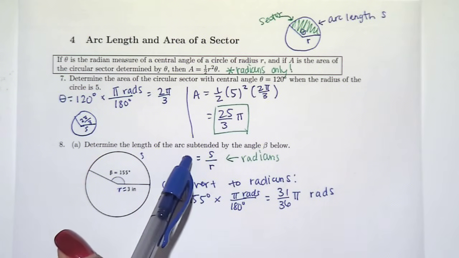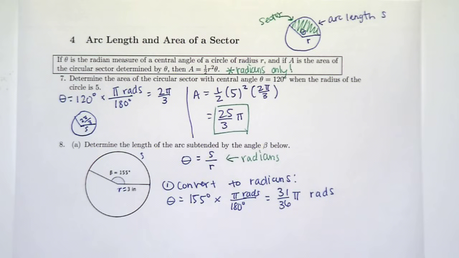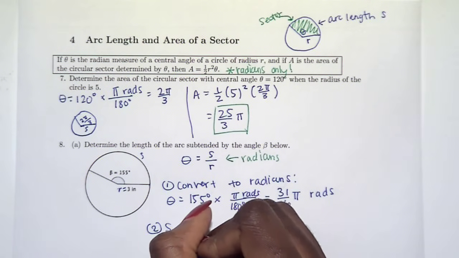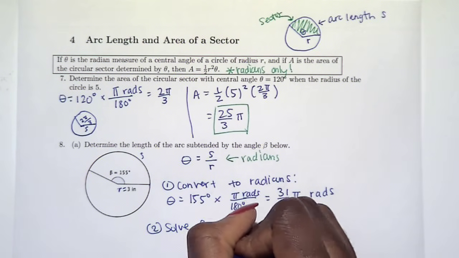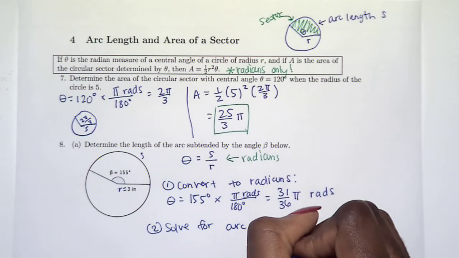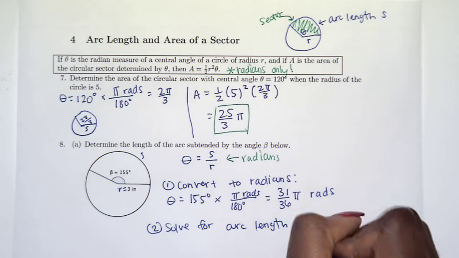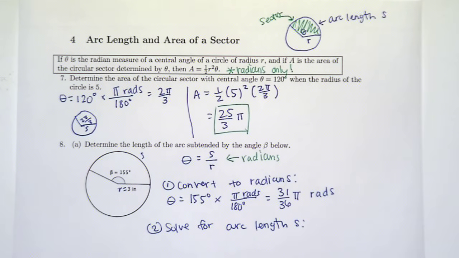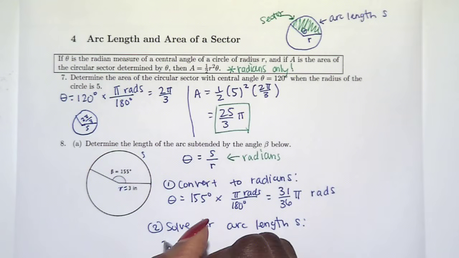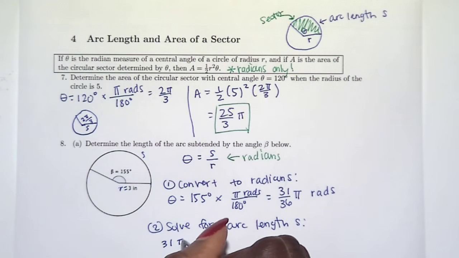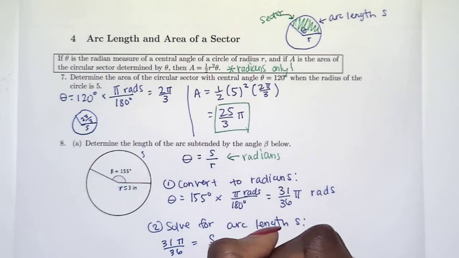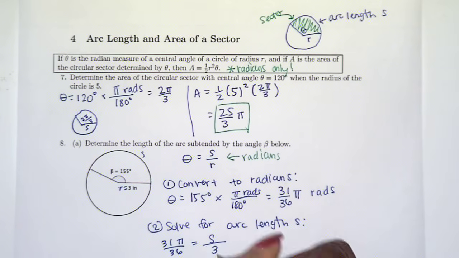Now we can use this equation to solve for arc length. All right, so theta, 31 pi over 36 equals S divided by R, which is 3.